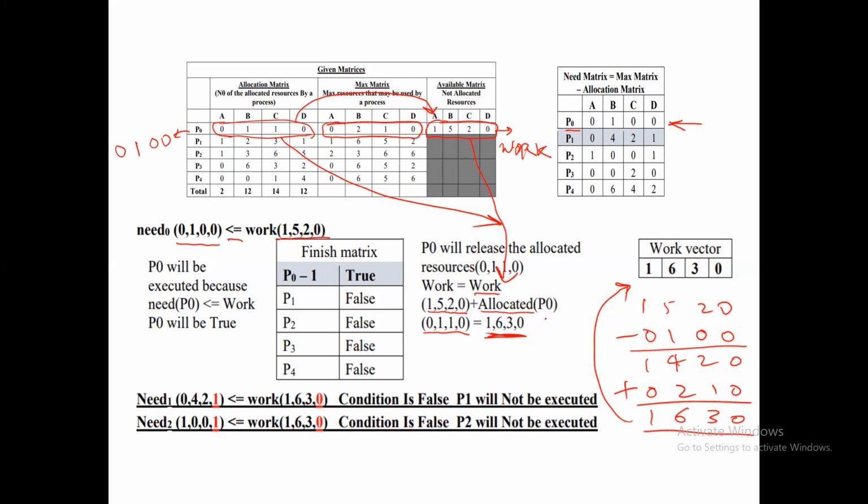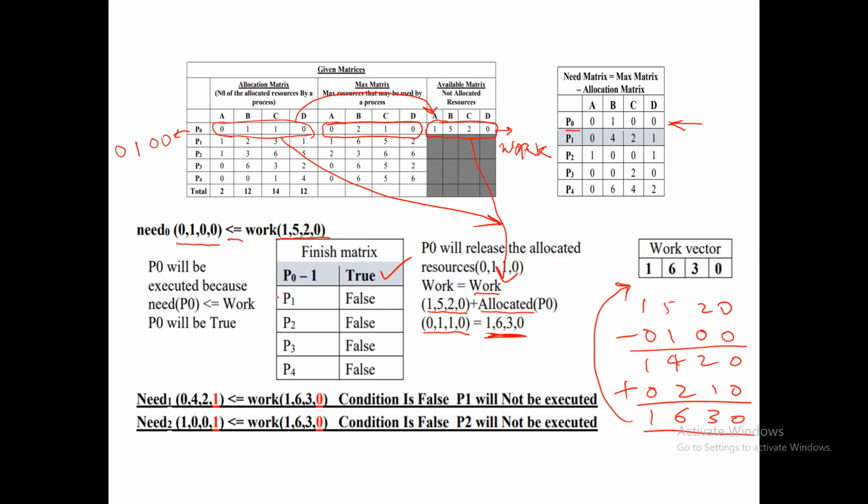Like that we'll go forward for each and every process. So P0 is complete. Because P0 has been able to complete without any deadlock, we will mark the finish matrix for P0 as true. We are trying to identify a safe sequence, so P0 will be first in order to complete its execution without any problems.